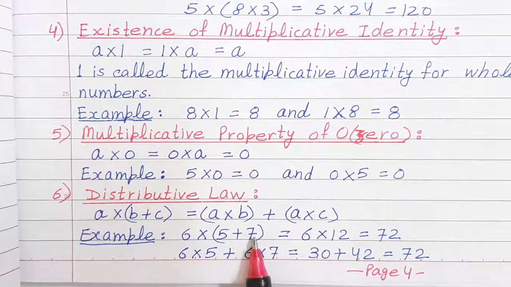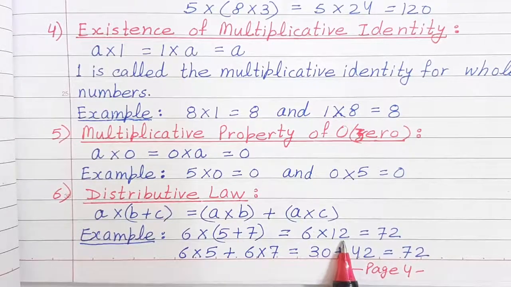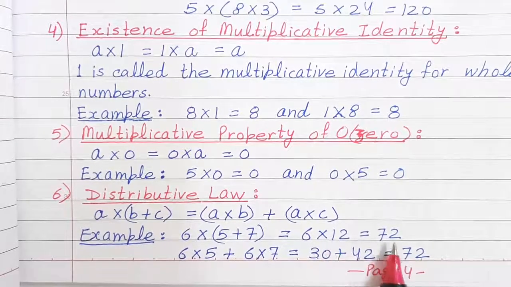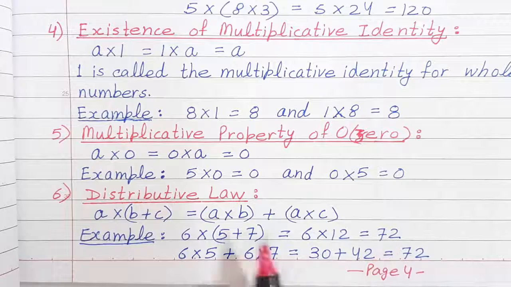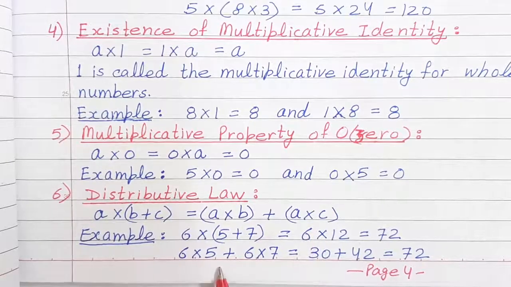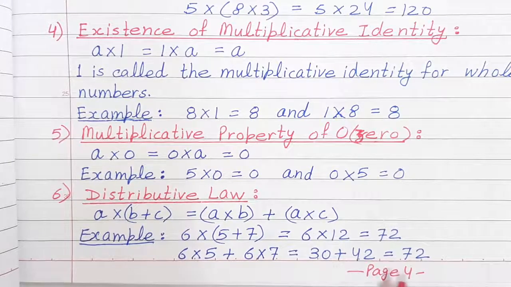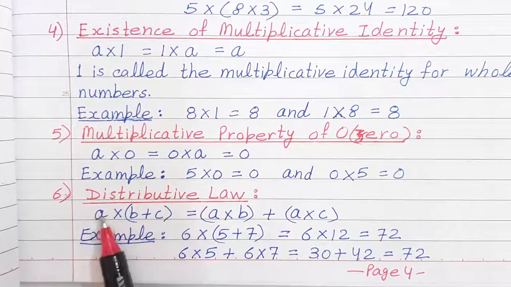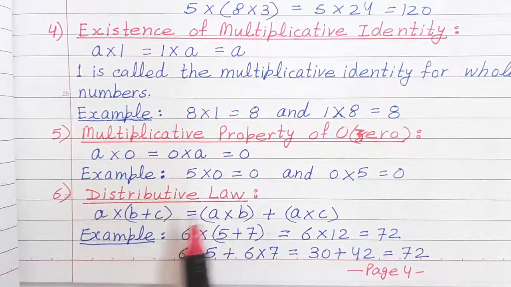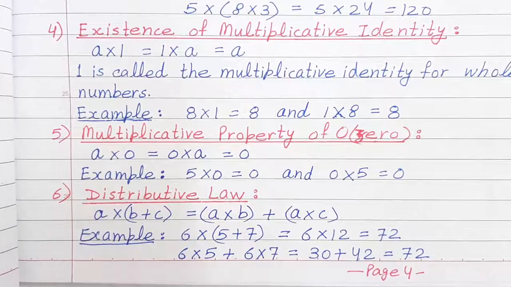Now 5 plus 7 is 12. So 6 12s are 72. Now if you open up the bracket, in that case 6 5s are 30, 6 sevens are 42. And here also the answer is 72. So this is called distributive law. I hope you have understood all the laws now.